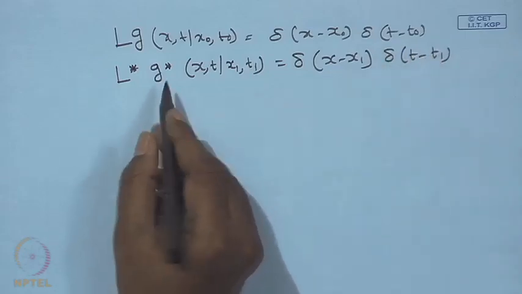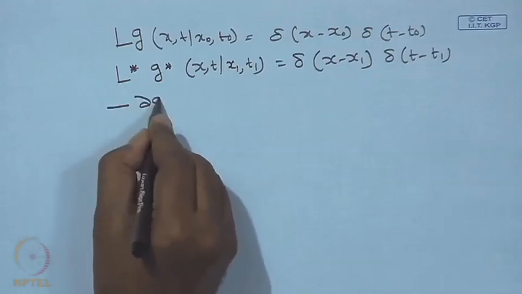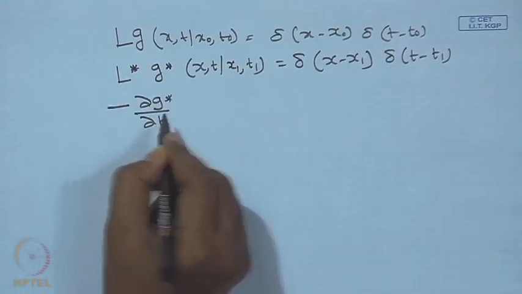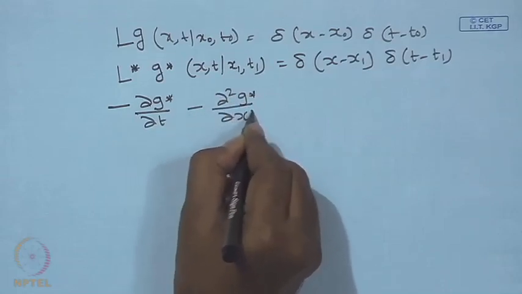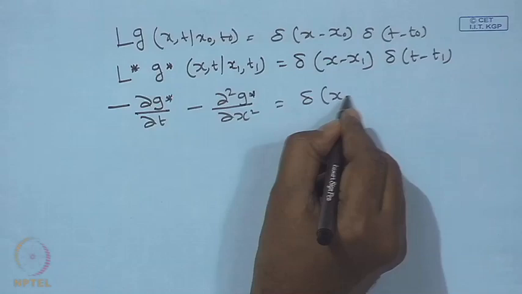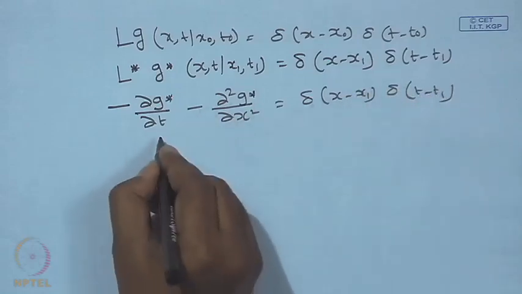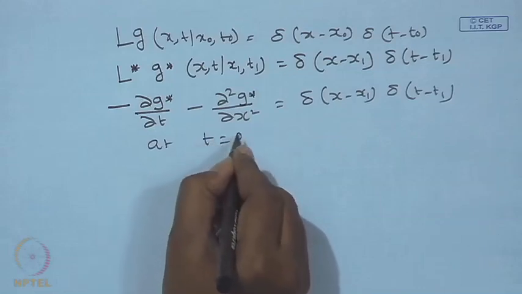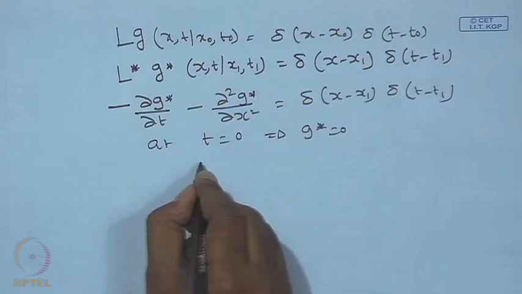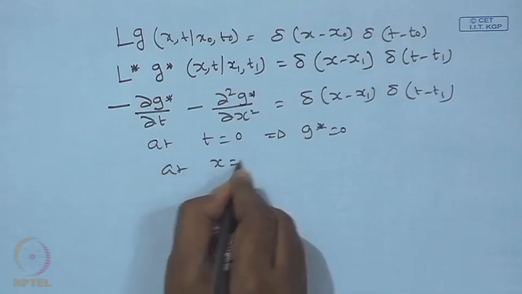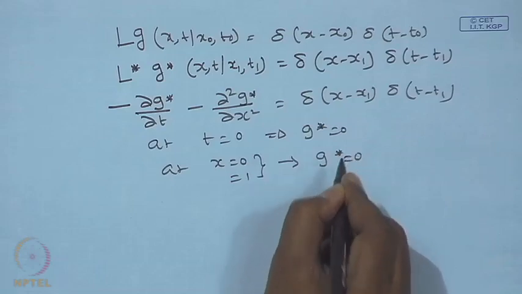If you write down the adjoint operator L star, this becomes minus del g star by del t minus del square g star by del x square equal to delta(x minus x 1) delta(t minus t 1), and at t is equal to 0, g star is equal to 0, and at x is equal to 0 and 1, your g star is equal to 0.